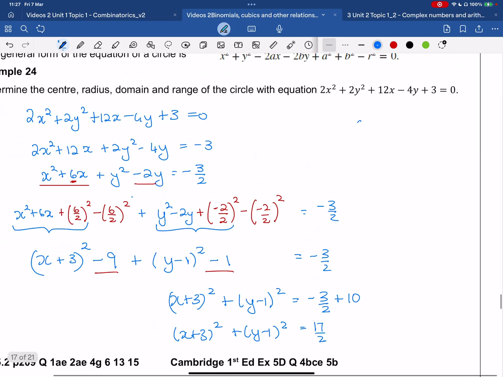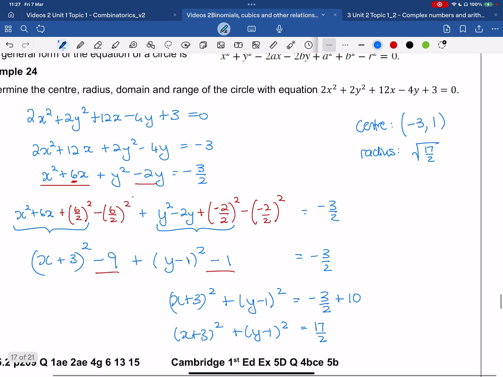Well, our center is going to be at negative 3, positive 1. Our radius will be the square root of 17 on 2, because r squared is going to be 17 on 2.